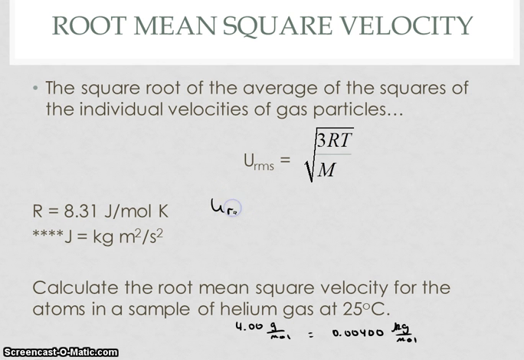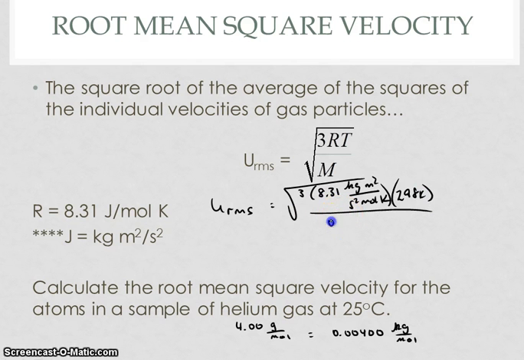So our root mean square velocity will be the square root of 3 times 8.31 kilogram meters squared per second squared mole Kelvin. And we'll multiply that by our temperature, which has to be in Kelvin so it cancels out. So 298 Kelvin.